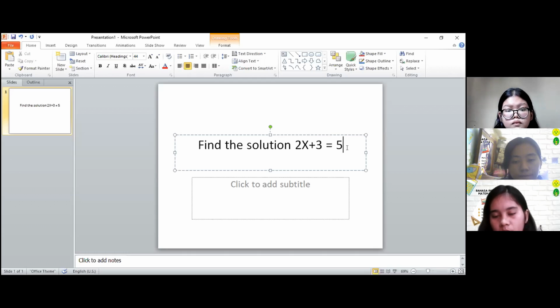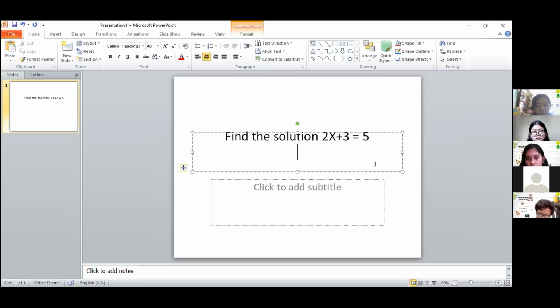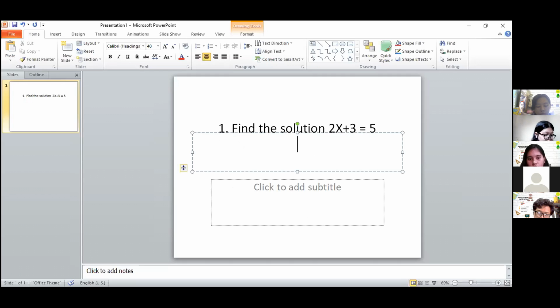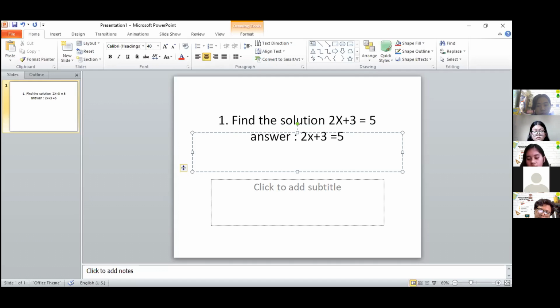Yes, you can enter before number 2. Answer. 2x plus 3 equal 5. You can enter again. 2x equal 5 minus 3.